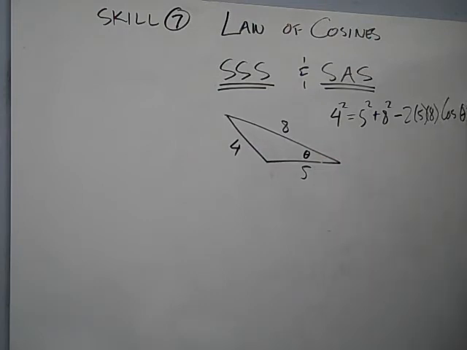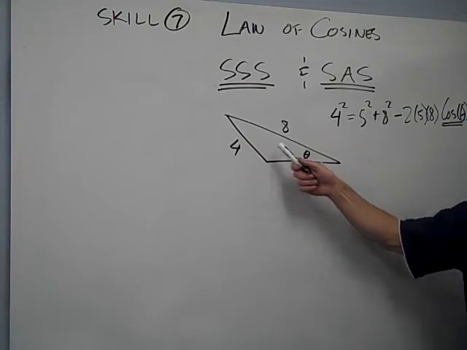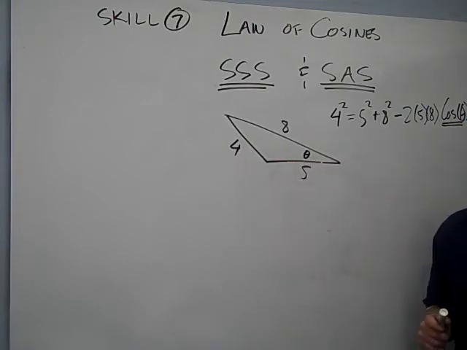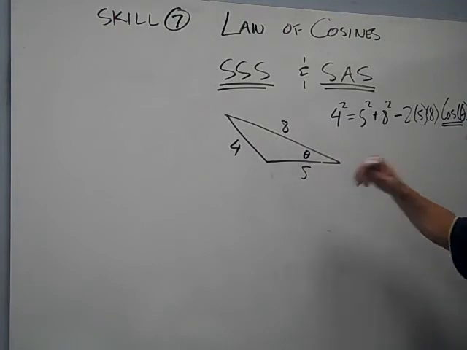That's why it's called the law of cosines, because it uses the cosine. It's always going to be easier if we look for the smallest angle first. You will not get into calculator problems where you're taking the cosine of a number that is greater than 90.